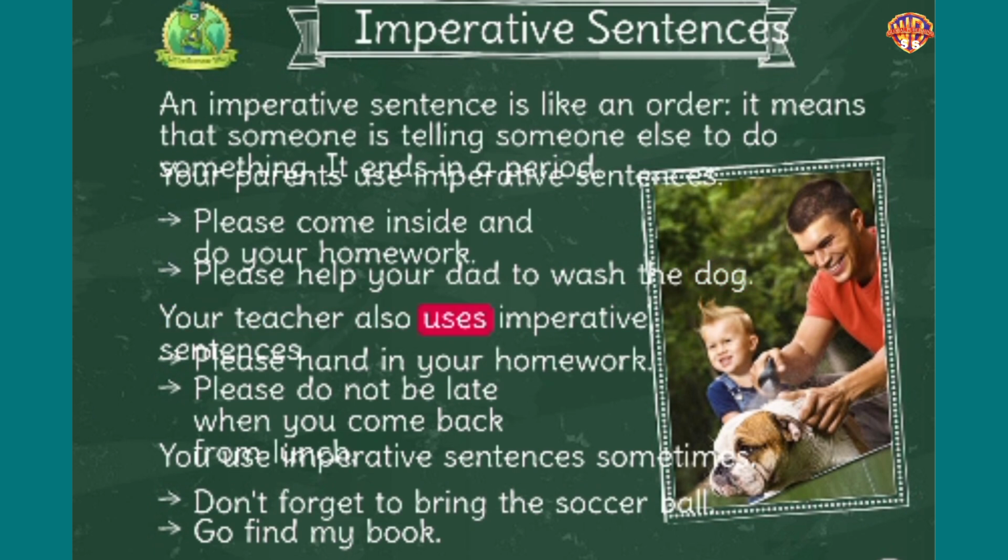Your teacher also uses imperative sentences. Please hand in your homework. Please do not be late when you come back from lunch. You use imperative sentences sometimes. Don't forget to bring the soccer ball. Go find my book.